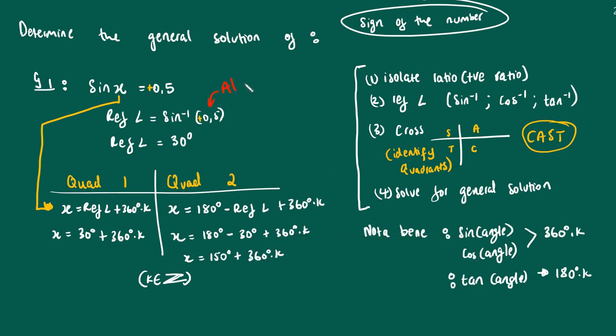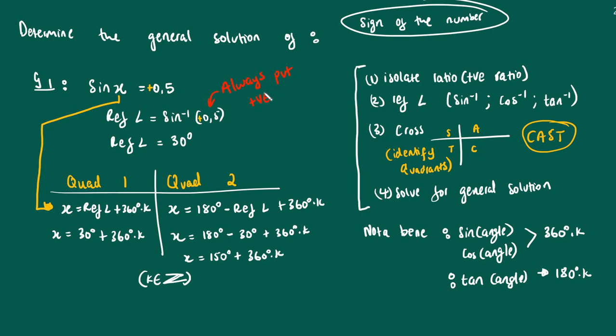So always put a positive number. Even if here it was negative, you wouldn't put it here as negative 0.5, you will put it as positive. Let's understand that. And the sign for here tells us the quadrants. I'm going to try and go with this on the next page so that we are using it all the way.